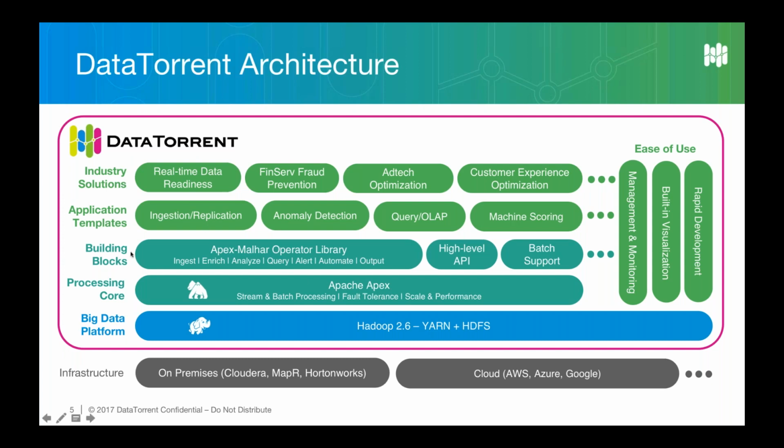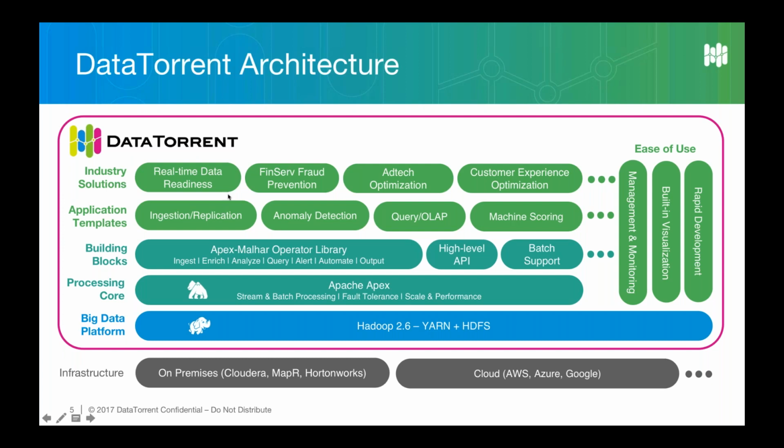On top of it, we have the application templates, which is what this webinar is about. The application templates cover various use cases, as mentioned here: ingestion, replication, as well as anomaly detection, using machine scoring or application of rules. I will go to the AppHub page and we'll see what kind of templates are there.